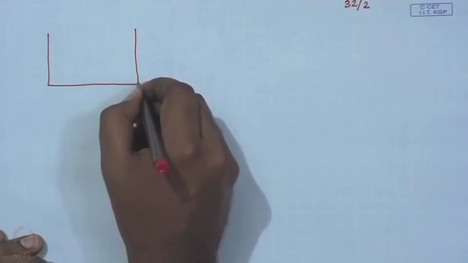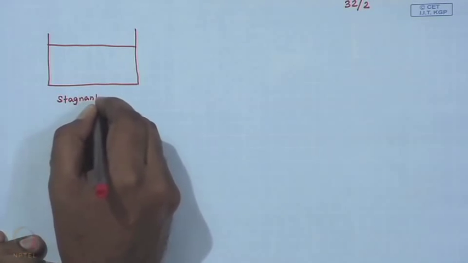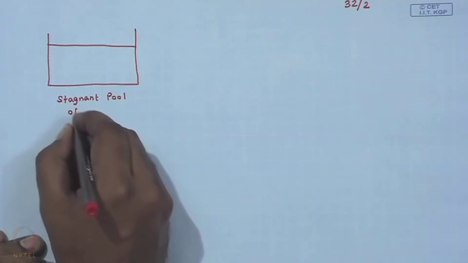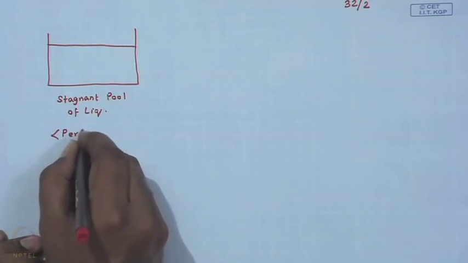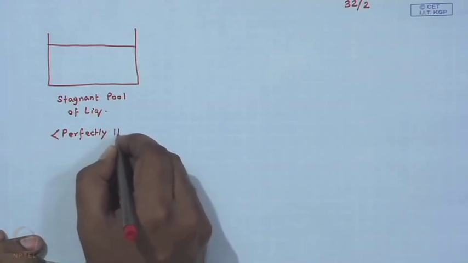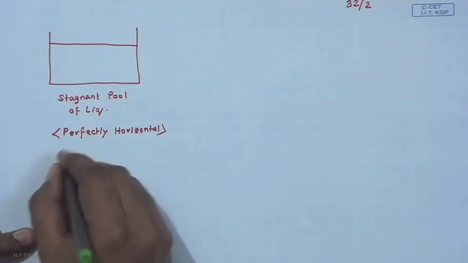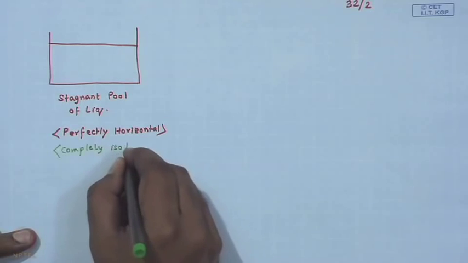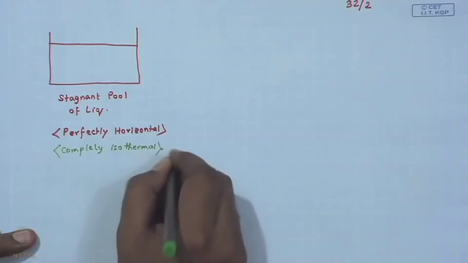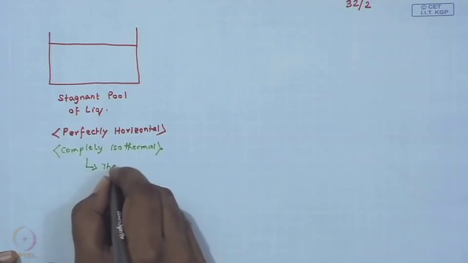So, you have a stagnant pool of liquid, the surface is perfectly horizontal, it is completely isothermal. So, this statement reduces that there is no natural convection.